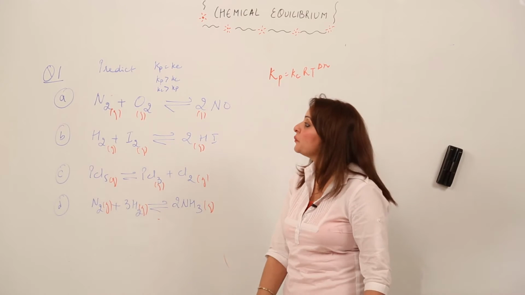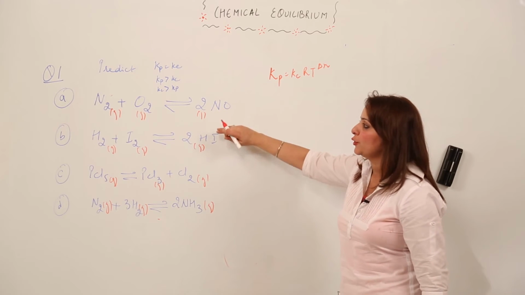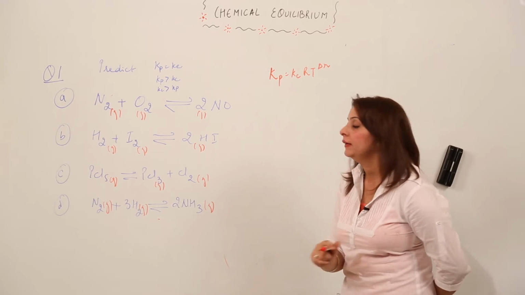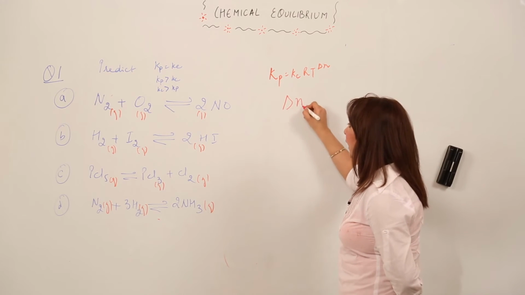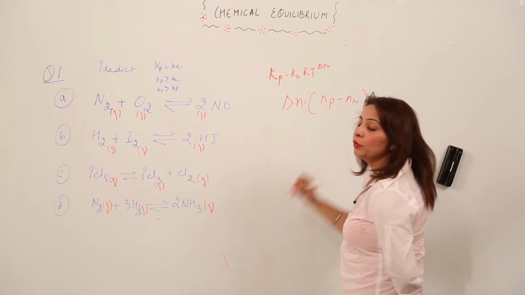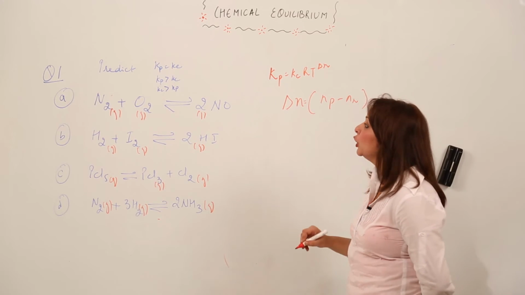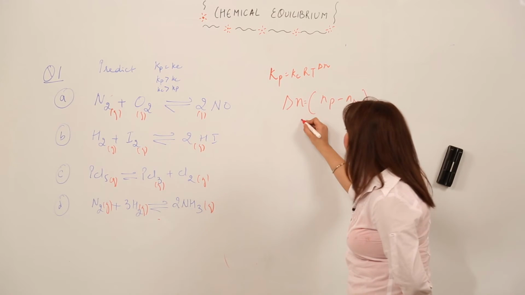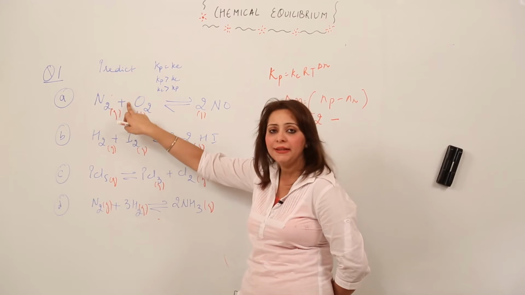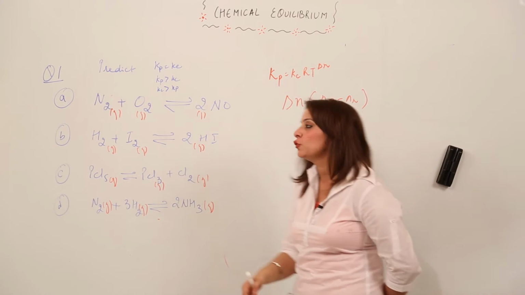So taking the first reaction, I'm going to calculate the Δn, right? How do we calculate Δn? You know, moles of product minus moles of reactant. So it is 2 moles of product minus reactant, 1 and 1, again 2 moles.